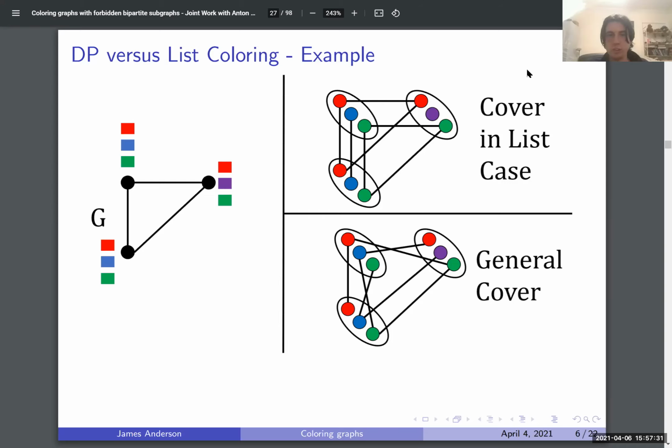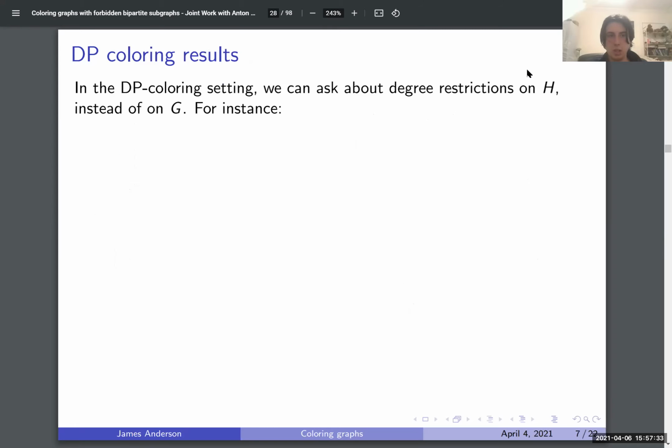All right, well, if there are no questions, then we'll move on. So there's been some work on these DP colorings. And what's neat about DP colorings is we can ask about restrictions on the cover H instead of on G. So in those other results we were talking about the chromatic number in terms of the degree of G, but now we can do so on H, for example.